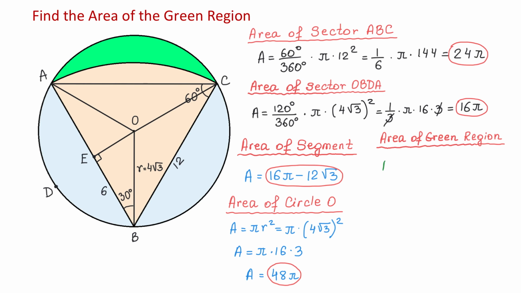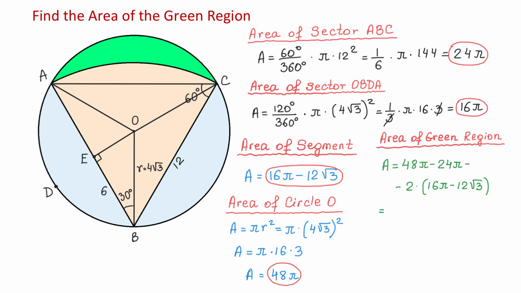So the area of the green region equals the area of the circle, which is 48 pi, minus the area of the sector ABC, which is 24 pi, minus double the area of the segment, which is 16 pi minus 12 square root of 3. So again, this 2 is here because we have two equal segments.